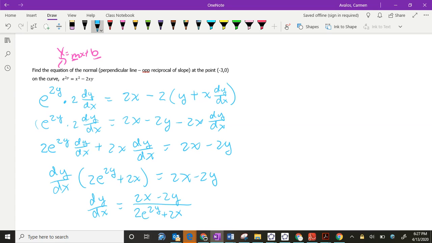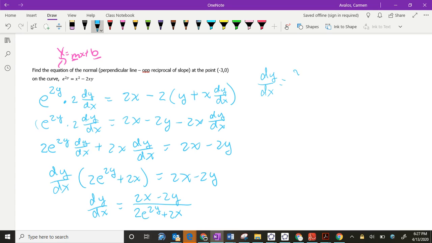And so we want the slope there. So this is a derivative that gives us the slope of the equation there. And so what we're going to do is put in the point there. So we're going to take this derivative and fill that in, because that's going to give us the slope. And to simplify this, notice how they have a common factor of 2 and 2 there.